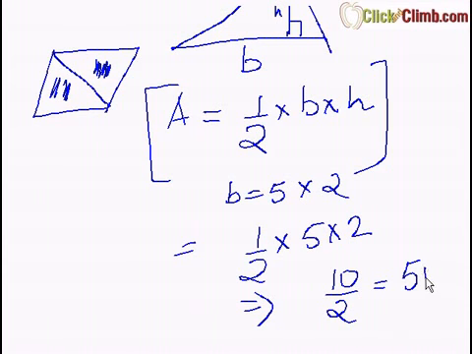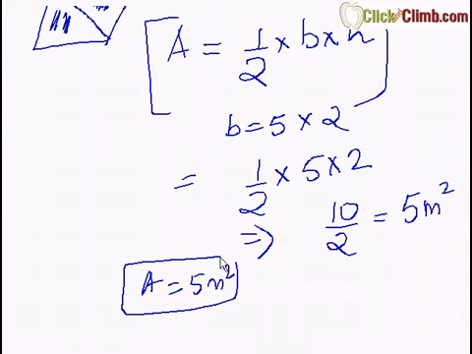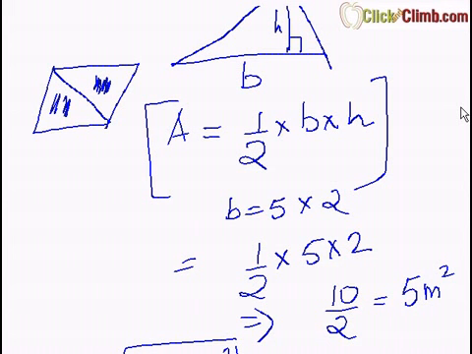So that's going to be 5 meters square. So the area of this triangle is 5 meters square. Just like the parallelogram, if two things are given, we can find the third one. Now let's see some other areas.